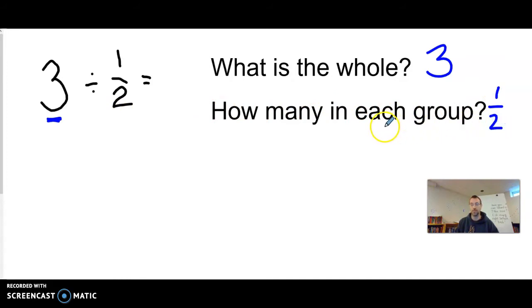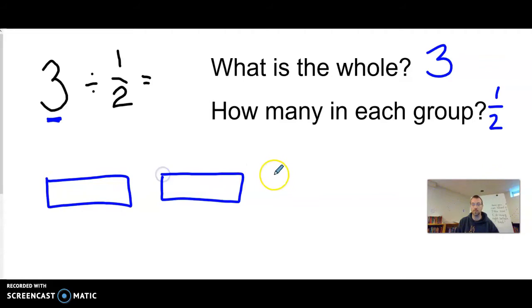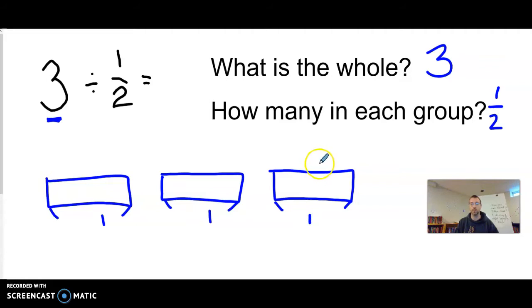I need half of those in a group. So in this case, I'm going to draw 3 wholes. There's my 3 wholes. And it would be really beneficial if we label those as well. All great mathematicians and scientists label all their models.